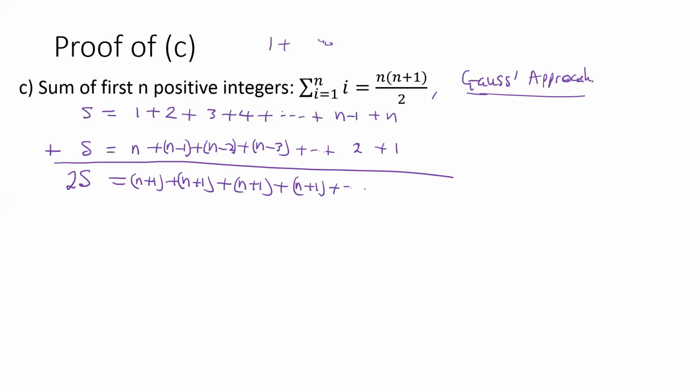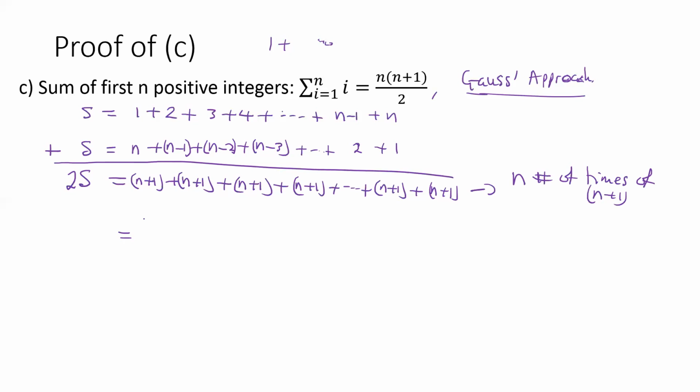Now if you continue, n minus 1 plus 2 is n plus 1, and finally n plus 1. Now how many times? This is n number of times n plus 1. So we are adding n plus 1, n number of times.